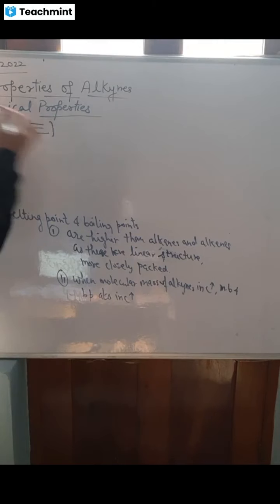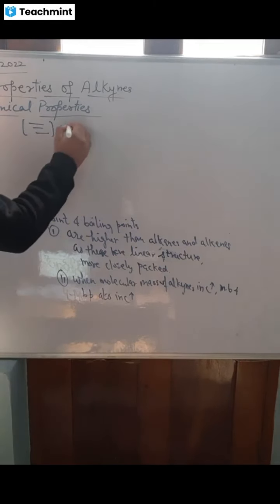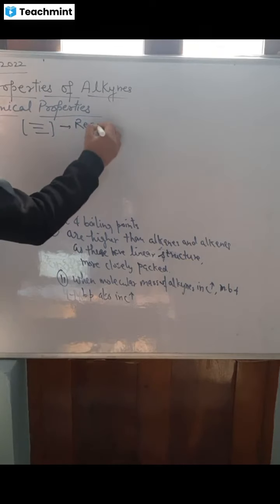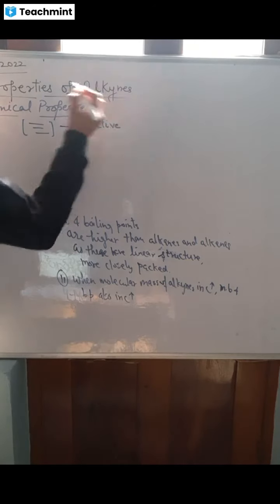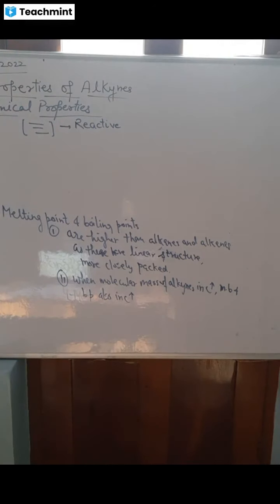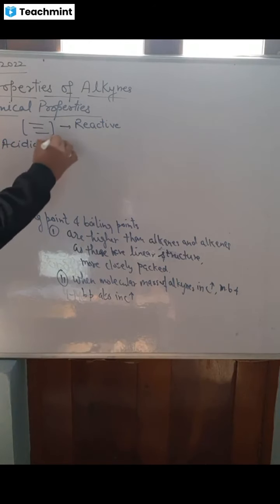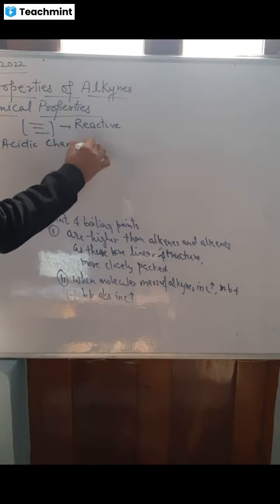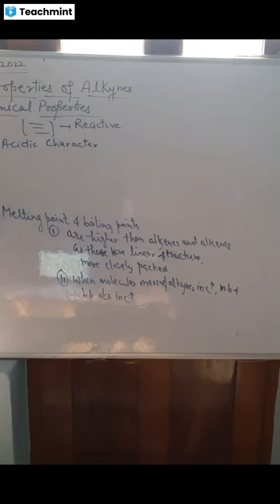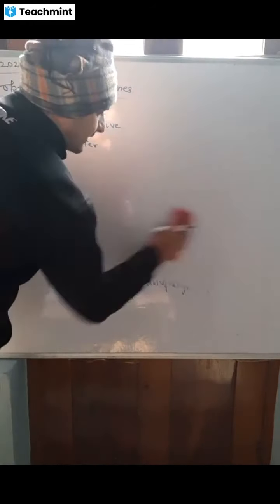Due to the presence of the triple bond, they are reactive, just as alkenes are reactive because they have a double bond. First, for terminal alkynes, we discuss their acidic character.